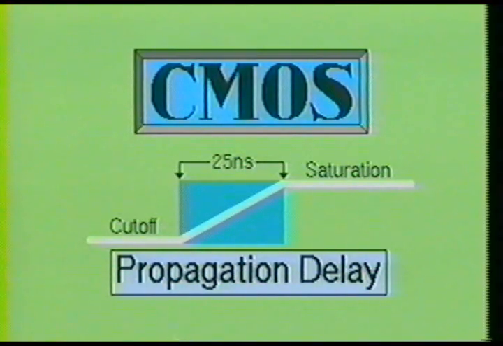The CMOS device is no exception. The switching speed of the CMOS gate is typically 25 nanoseconds. This makes this device much slower than its TTL counterpart. Presently, the TTL and CMOS logic families dominate the small-scale and medium-scale integrated digital circuits.